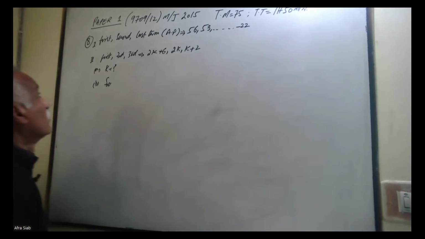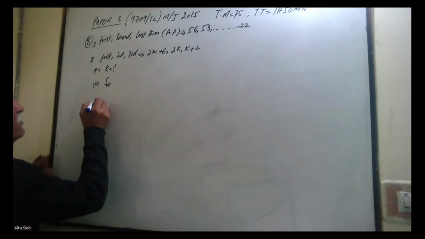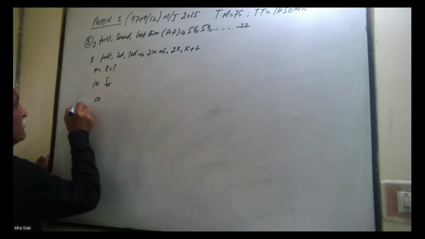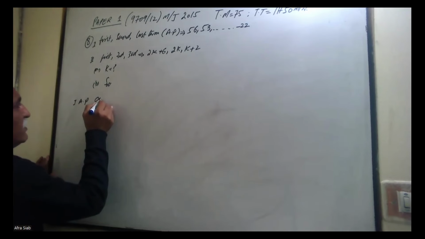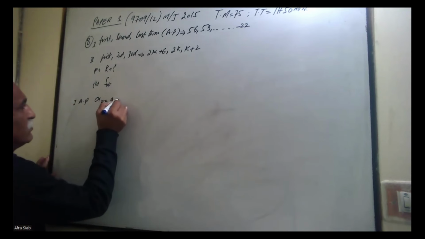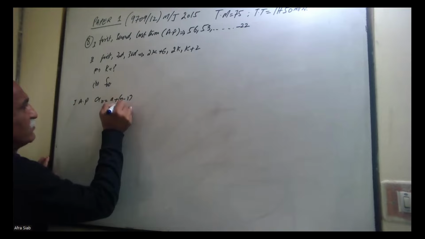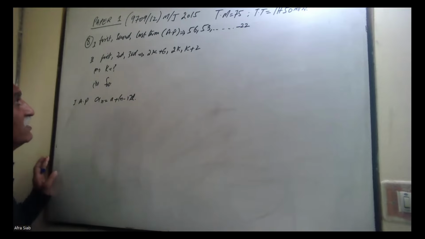Now, the first, second, and last terms of an arithmetic progression are 56, 53, and minus 22. We know that for this arithmetic progression, an is equal to a plus n minus 1 into d. And we are going to find the sum of all these numbers.